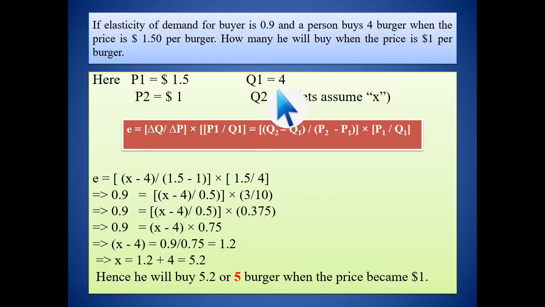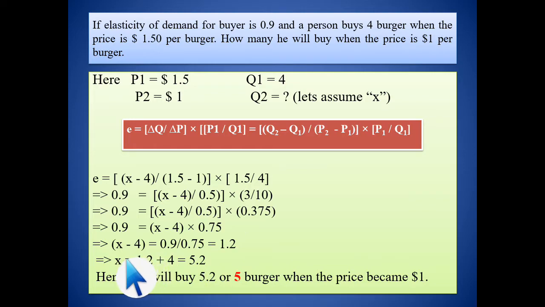How will you find it? See, you have the elasticity value and all the values of P1, P2 and Q1. So put them in the formula and you can get the answer for Q2. Elasticity is equal to Q2 minus Q1 divided by P2 minus P1, into P1 by Q1. Just put in all the values, 0.9 in place of E, and solve.